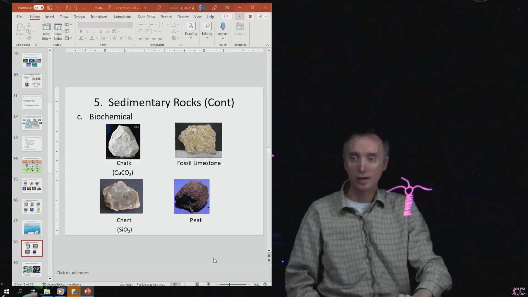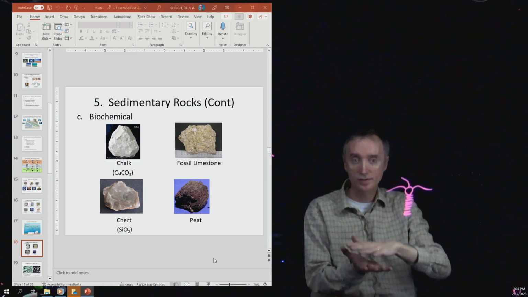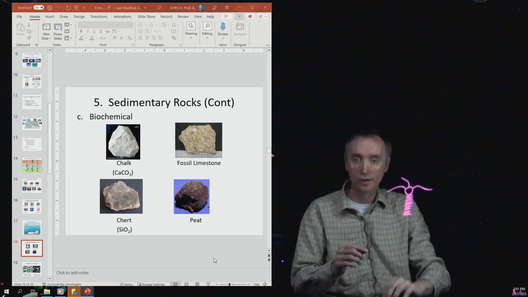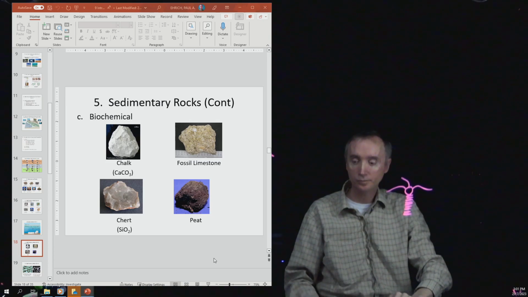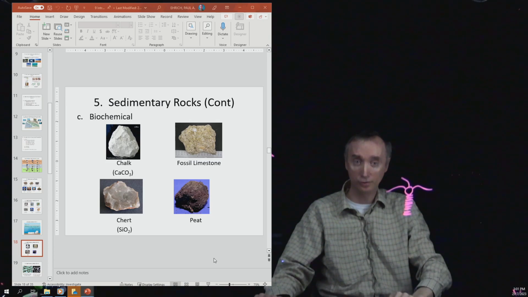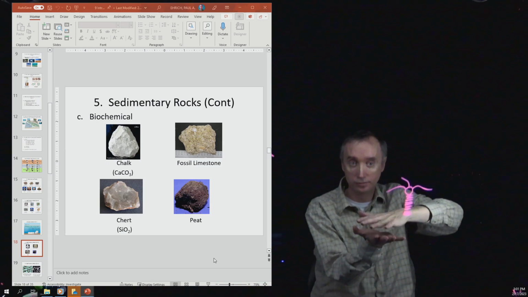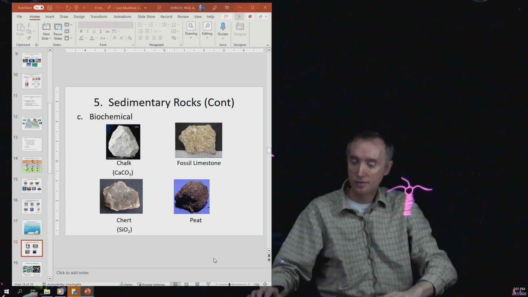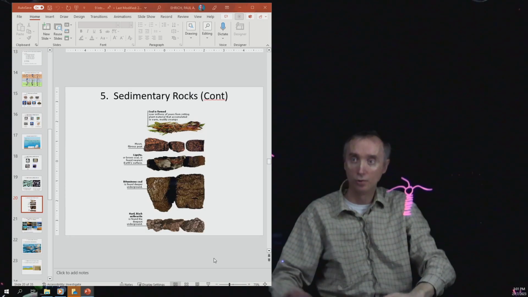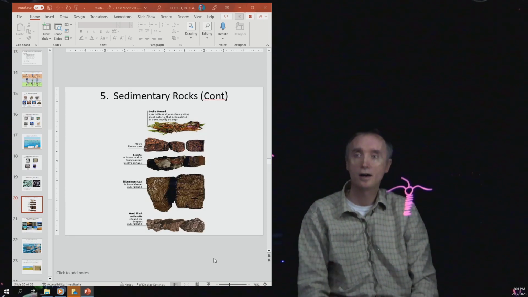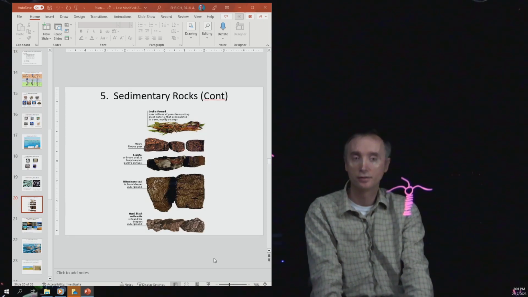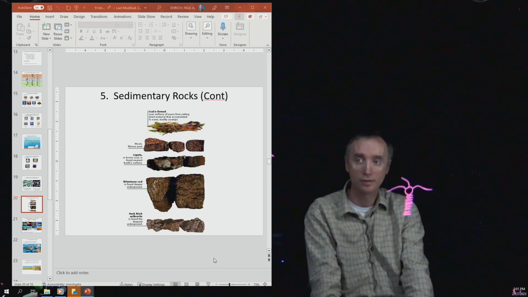So then you're going to end up with pieces of leaves and twigs that are pressed together, and we're going to call that peat. And then if you continue to squish it and heat it up, it's going to turn into coal. So up there at the top, you've got your original grass and leaves and things.